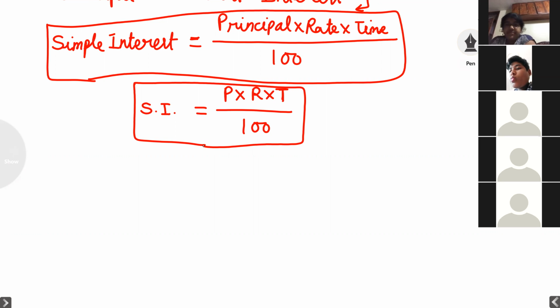In this formula, we are getting three more formulas. If they have given simple interest, then how to calculate principal?